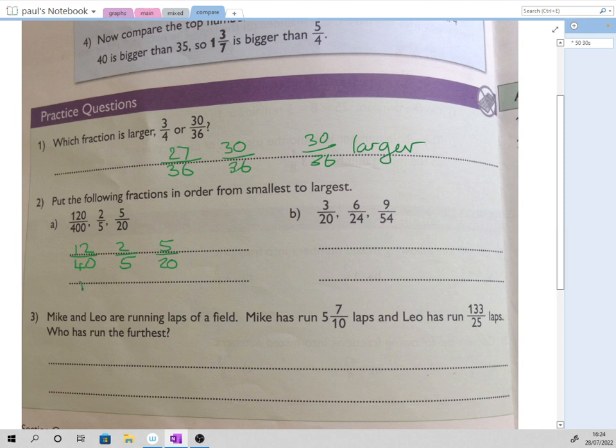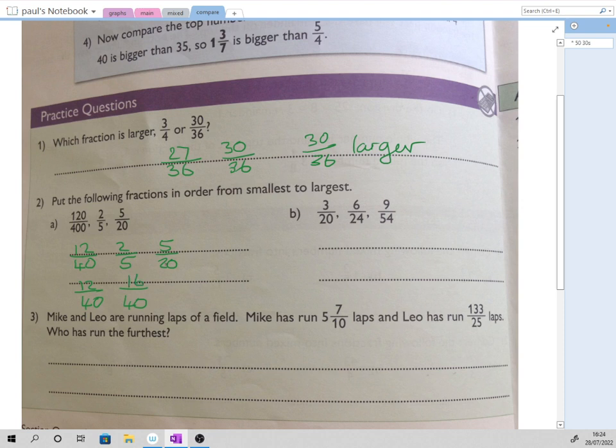So this can remain the same, 12 over 40. Now, what do I need to multiply this number by to make it 40? 8. So 5 eights are 40. So I need to multiply the top here by 8. 2 eights are 16.